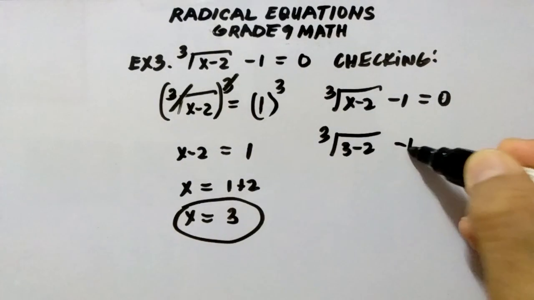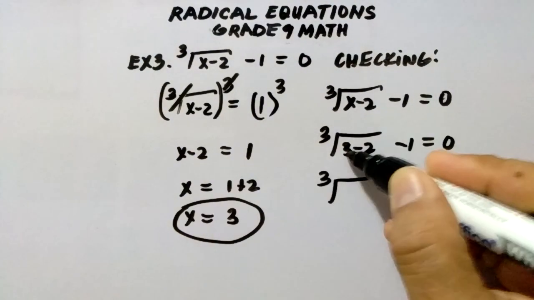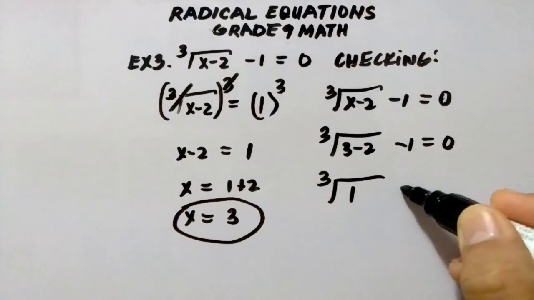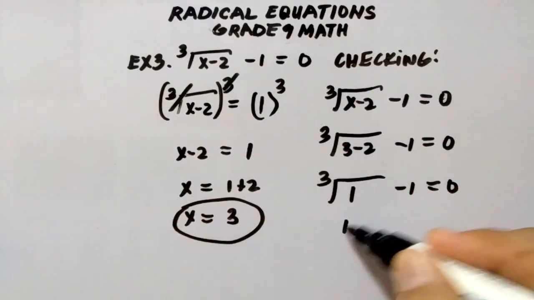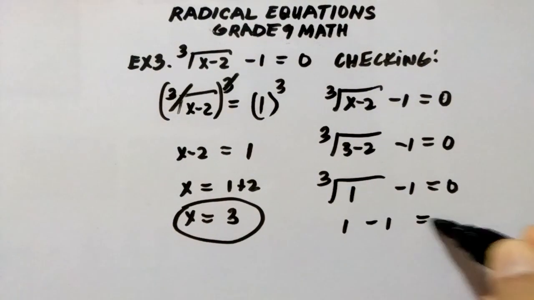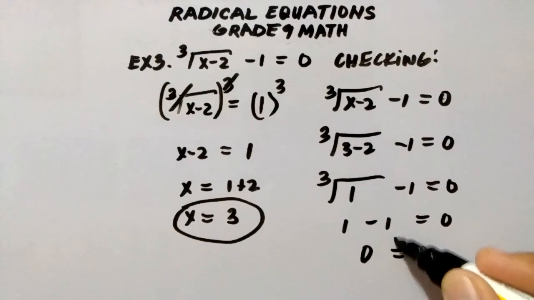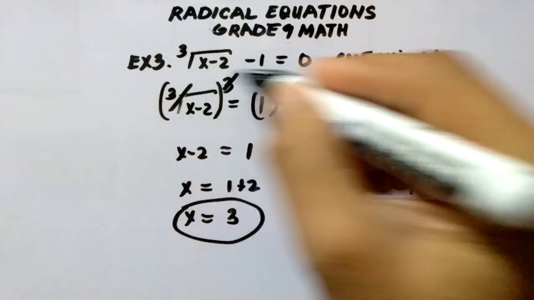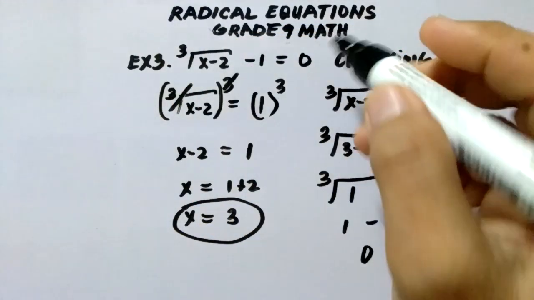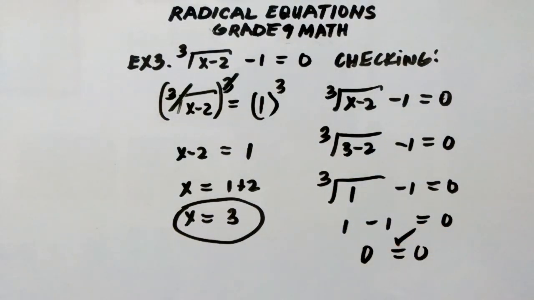Cube root of 3 minus 2 minus 1 is equal to 0. Then, cube root of 3 minus 2, that is 1. Minus 1 is equal to 0. Then, cube root po ng 1, that is 1. Minus 1 is equal to 0. So, 0 is equal to 0. Okay. So, the solution set on this radical equation is correct. So, we have x is equal to 3.